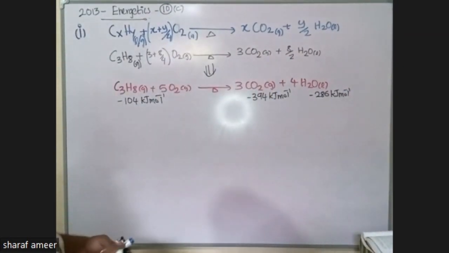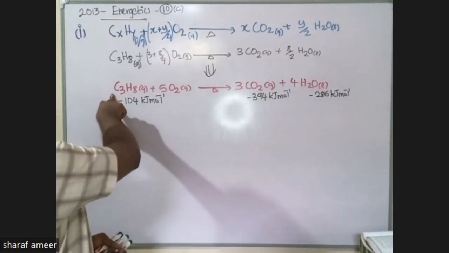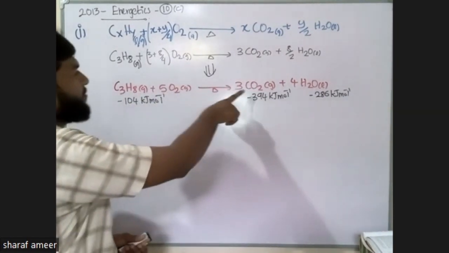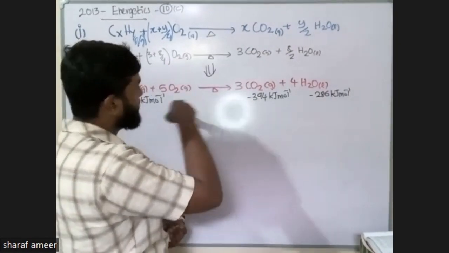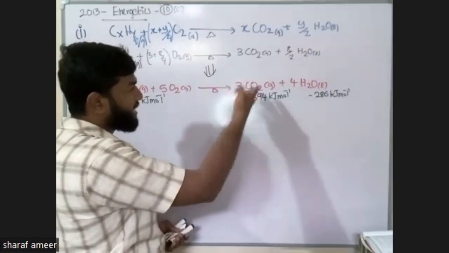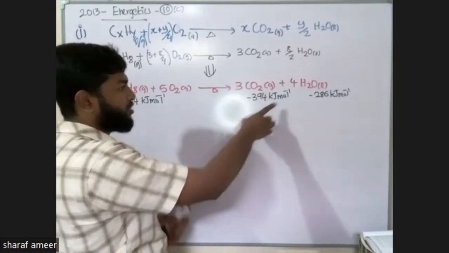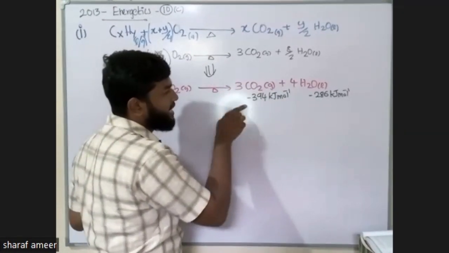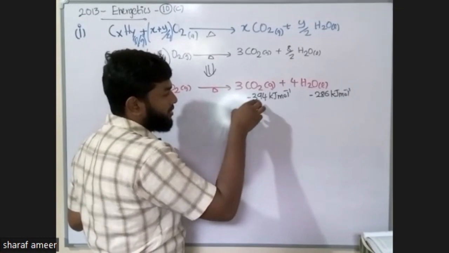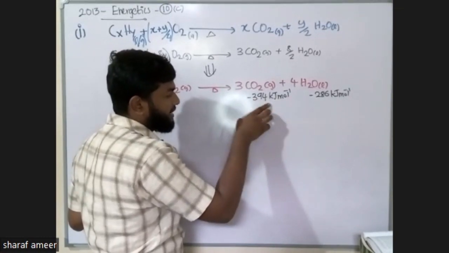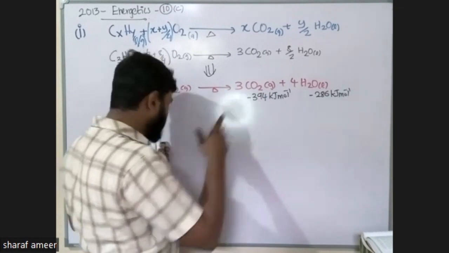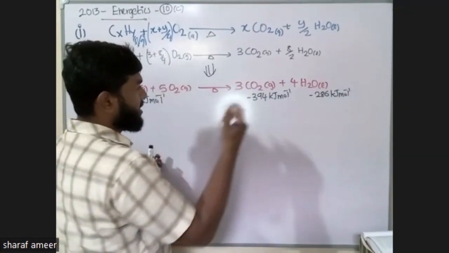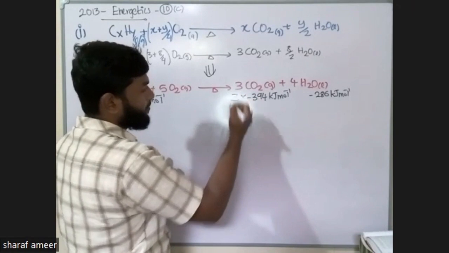Now see here, 1 mole of propane completely reacts with oxygen gas to give 3 moles of carbon dioxide. For 1 mole of carbon dioxide the energy release is minus 394. Since it is 3 moles, you have to multiply this by 3.